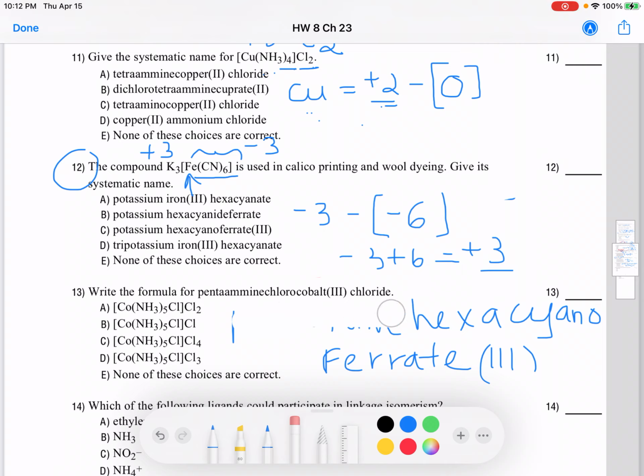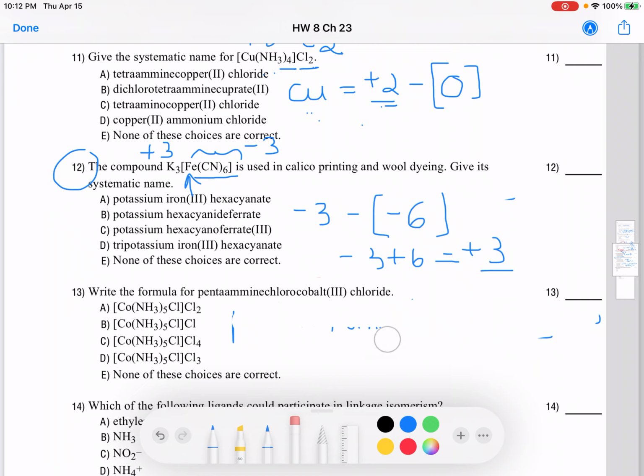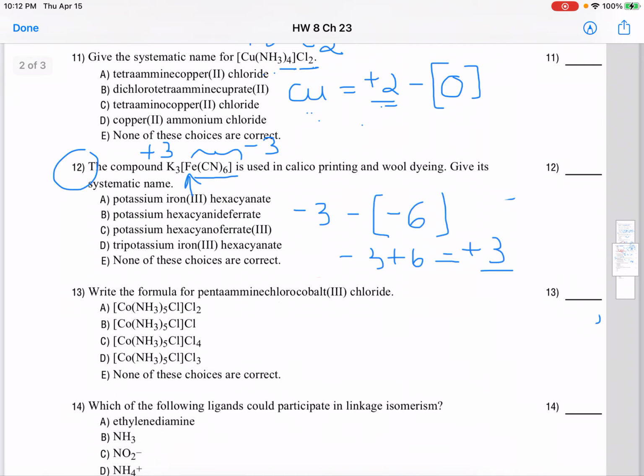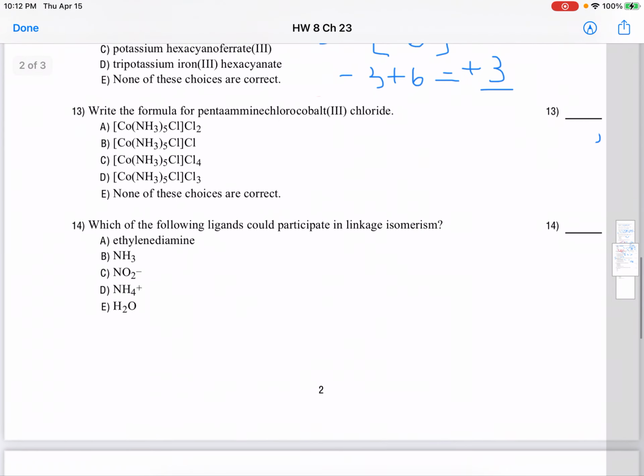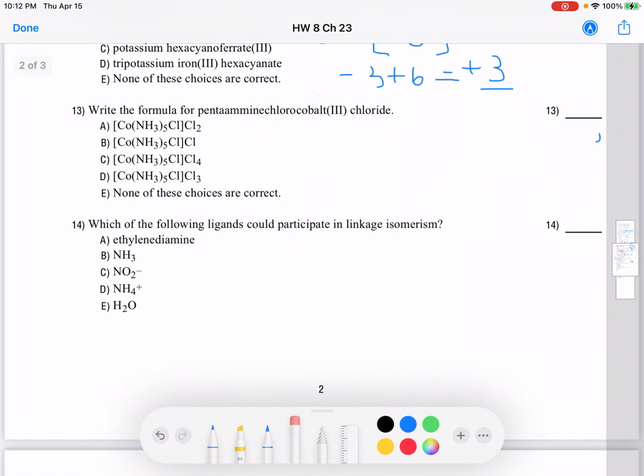And number 13. Write the formula for pentaamminechlorocobalt(III) chloride. So there are going to be 5 ammine groups and cobalt.